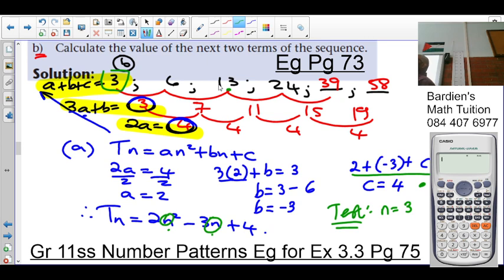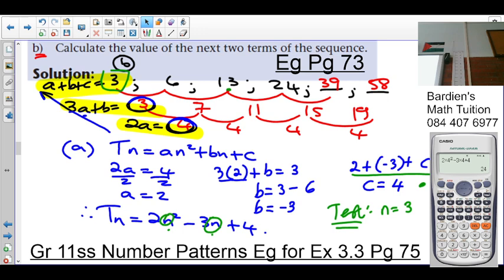You guys understand? So we go with the calculator. Wherever we see an n, we put a 3. So it's going to be 2 times 3 squared minus 3 times 3 plus 1. It gives me an answer of 13, which makes it correct. Or if I had gone with term 4, wherever you see n, you put a 4, it must give me an answer of 24, which is correct.